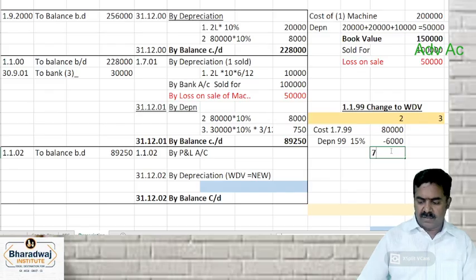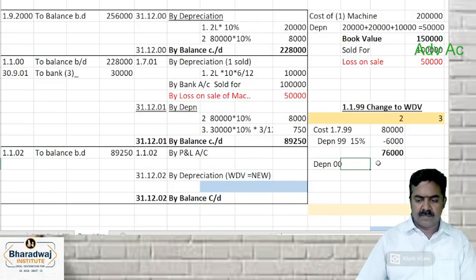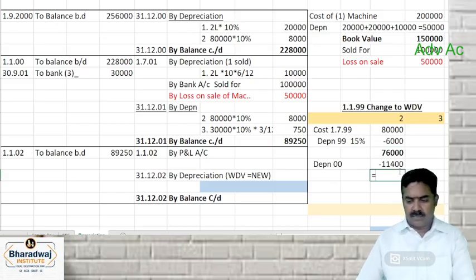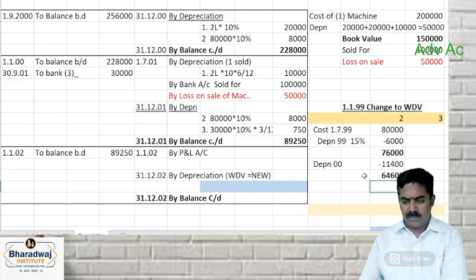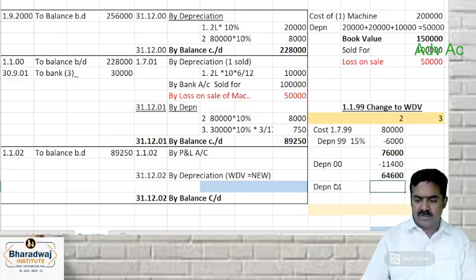Then 76,000 will come. Depreciation for 2000 will be 15% on this. Depreciation for 2001 will be on this 15%.